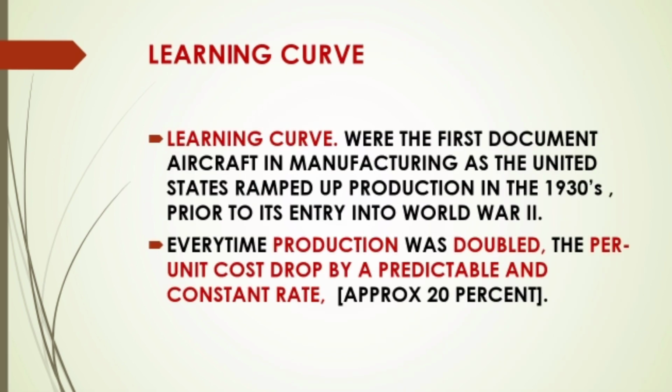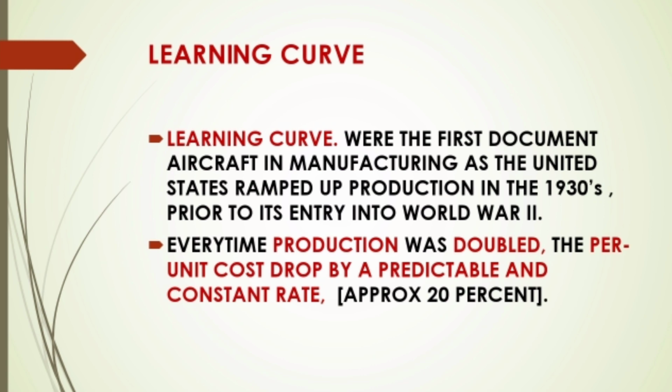They more effectively manage particular areas of the company. Next is the learning curve. The learning curve was first documented in aircraft manufacturing as the United States ramped up production in the 1930s prior to its entry into World War II. Learning curve, the rate of a person's progress in gaining experience or new skills.